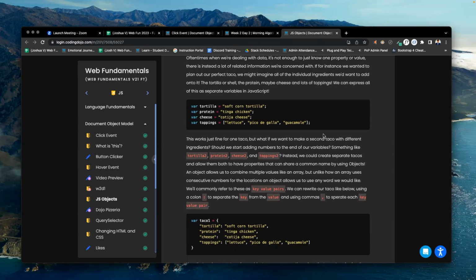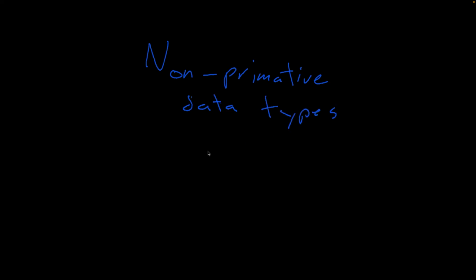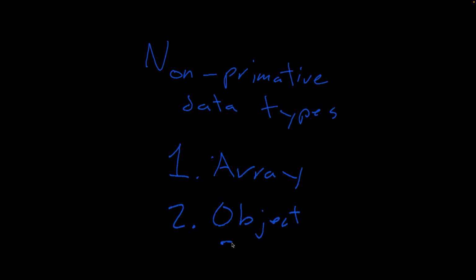So far, when we have discussed non-primitive data types, we've discussed one, which was the array. Now we're going to discuss the object. This is another type of non-primitive data type.